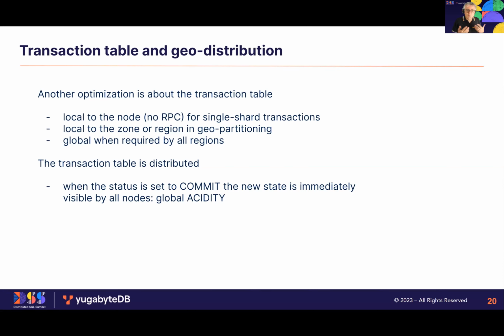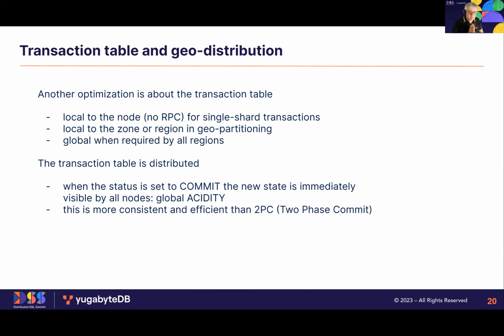And that also happens for the transaction table. You do not lose the transaction information, the transaction status. You don't have to roll back existing transactions. They can just continue with the replica of the transaction table that has a leader in the surviving zone or region. And of course, with this single transaction table, logically, there are multiple ones because it is replicated.